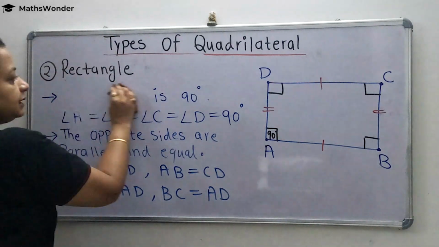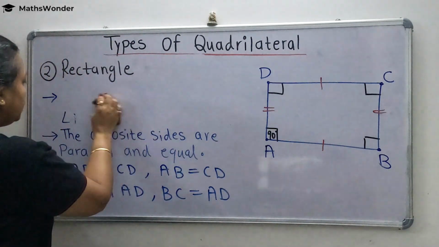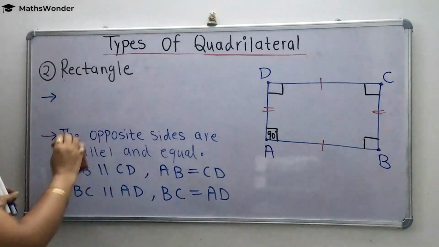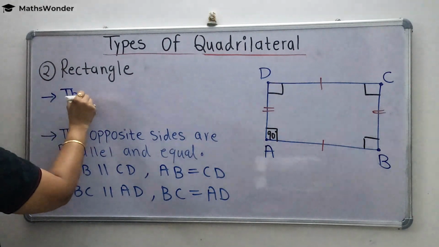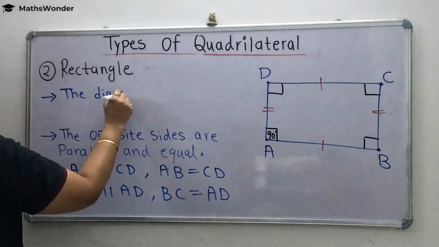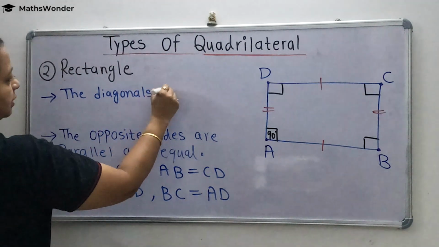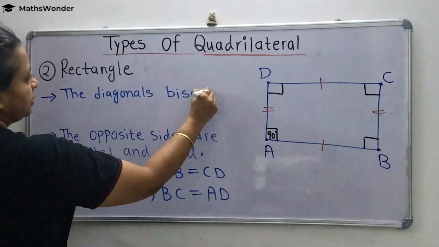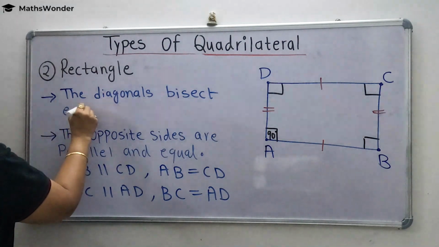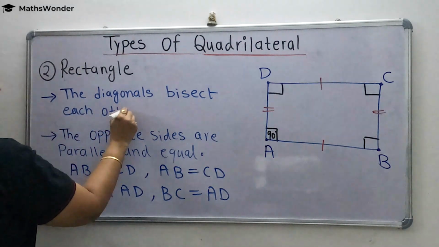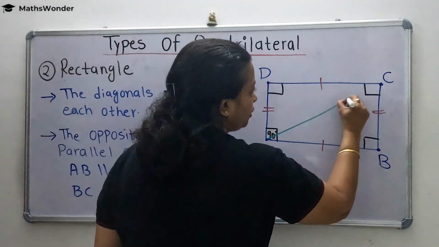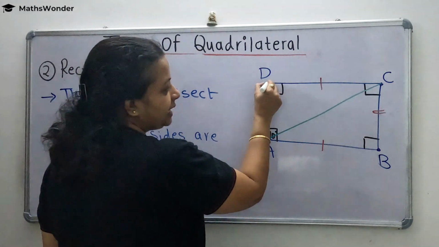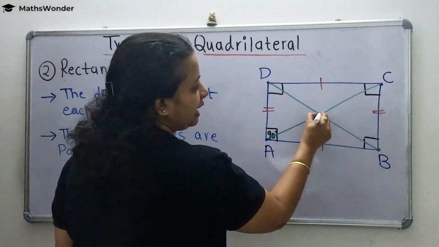Third property, same as a parallelogram: the diagonals bisect each other. Means when you join, AC is one diagonal, BD is the other diagonal.